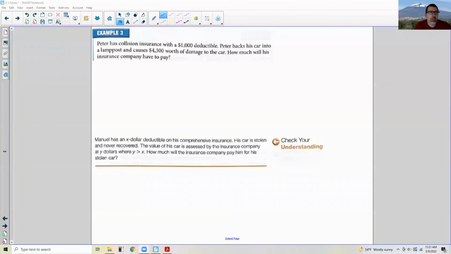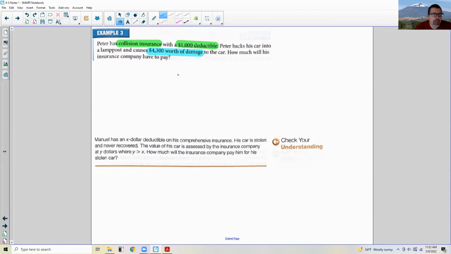Okay, example 3 says Peter has collision insurance. Okay, stop right there and name the type of insurance. He has collision insurance with a $1,000 deductible. Peter backs his car into a lamppost that caused $4,300 worth of damage to the car. How much will his insurance company have to pay? Okay, so a deductible means that you have to pay the first 1,000.